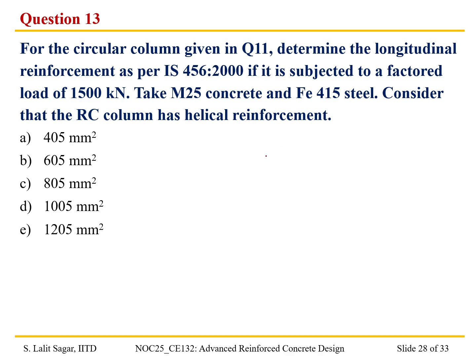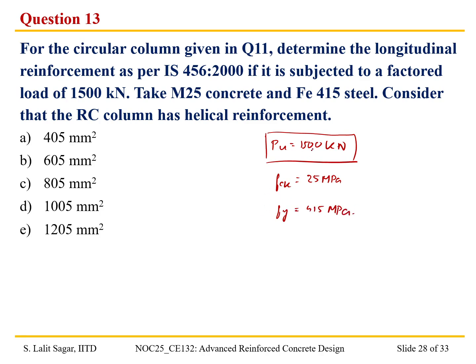So we have Pu equal to 1500 kilonewton, and fck is 25 MPa, fy is 415 MPa.